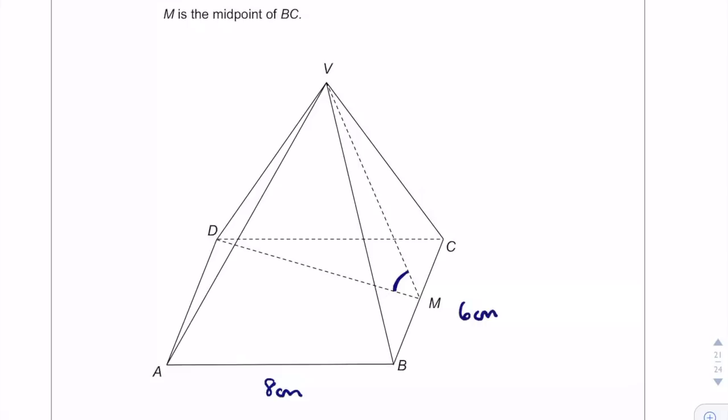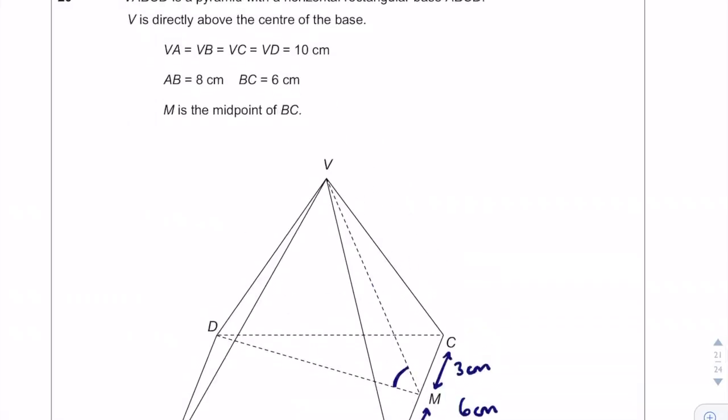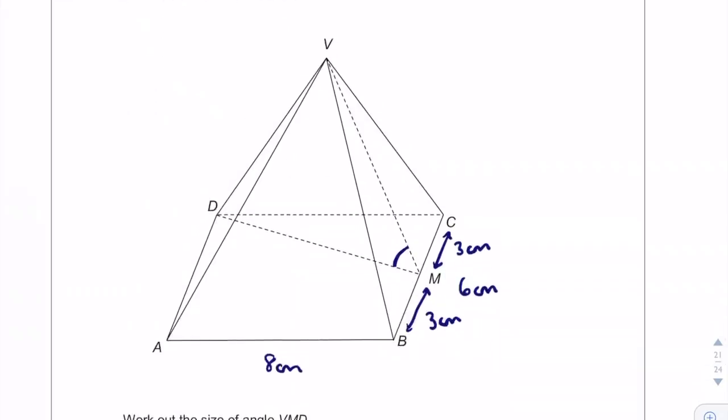And we know M is the midpoint of BC. So C to M is going to be 3 centimetres. And M to B is also going to be 3 centimetres. Now, because we're told that the base ABCD is a rectangle, the length CD is also going to be 8 centimetres, and then the side length of AD is also going to be 6 centimetres.